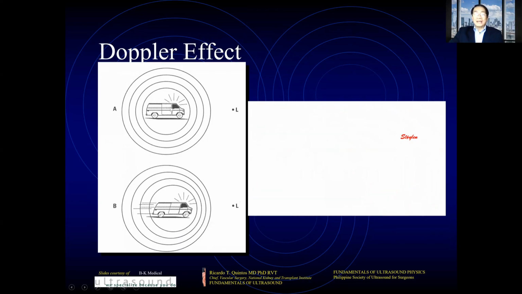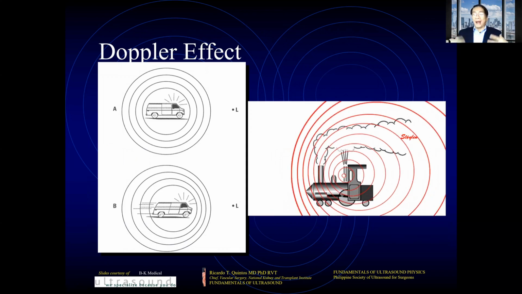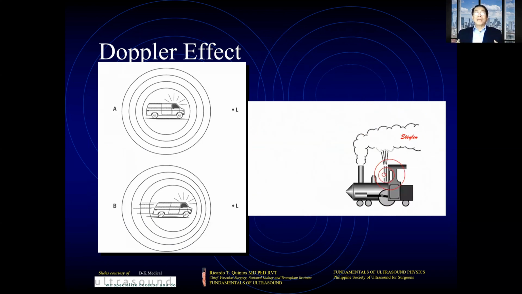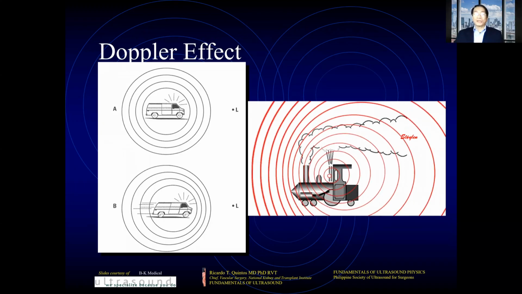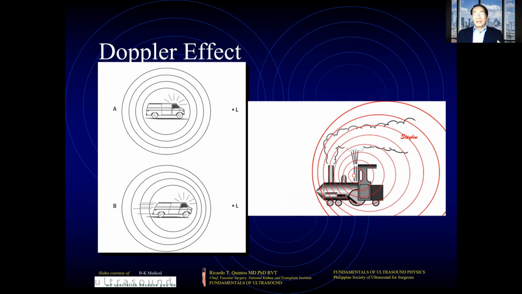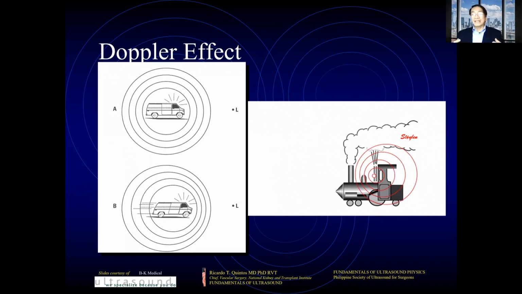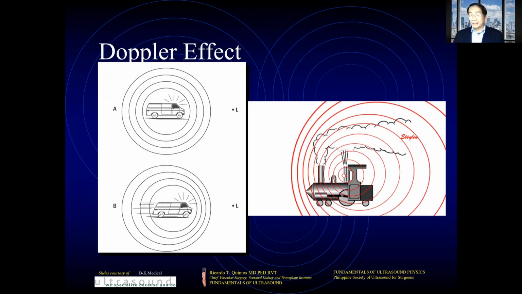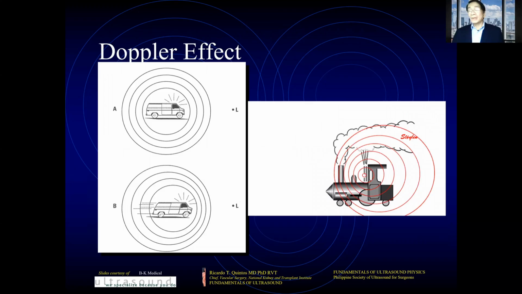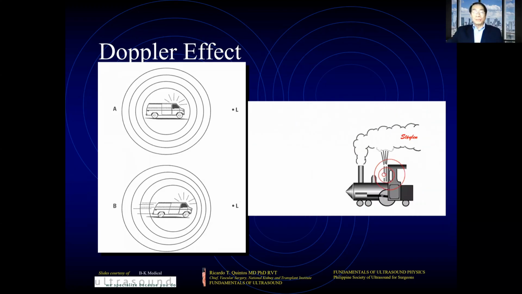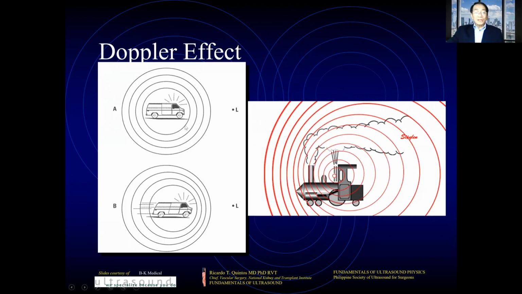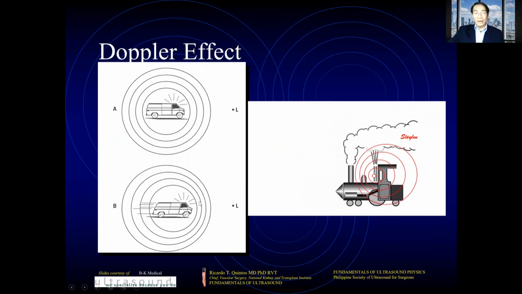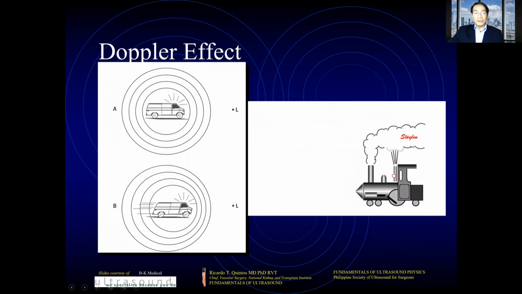Since the speed of sound is constant, if the object is moving with the source of the sound, the velocity of sound is not additive to the velocity of the source. So if the source is moving, then it will tend to compress the sound waves ahead of it because of its velocity.